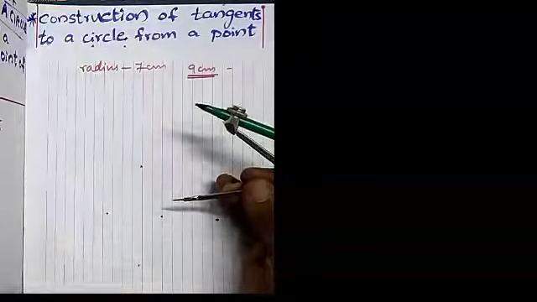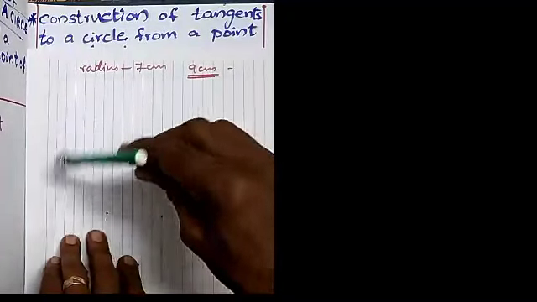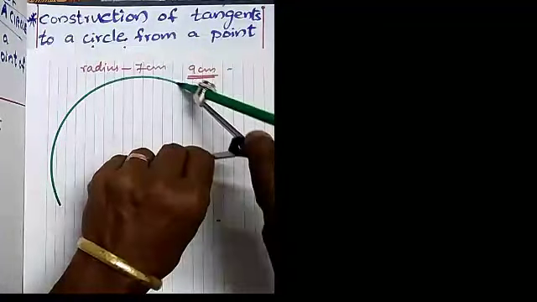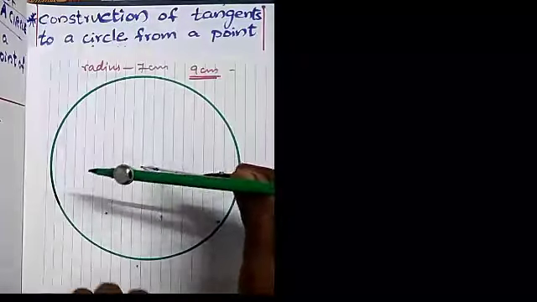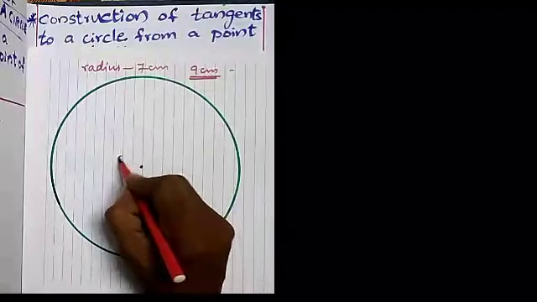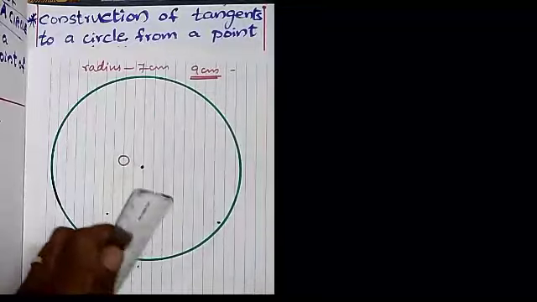So here it is 7 centimeter. It is a larger circle. Okay. Now you can see a circle with radius 7 centimeter. And after that, what we can do? Mark the center. So here the center is O. Now from the center, how much distance away?